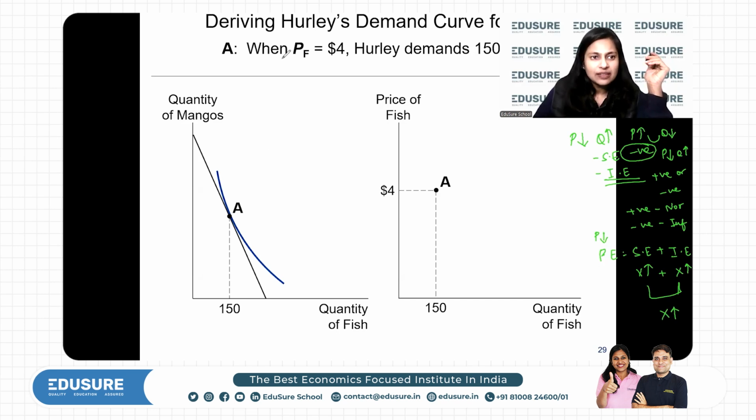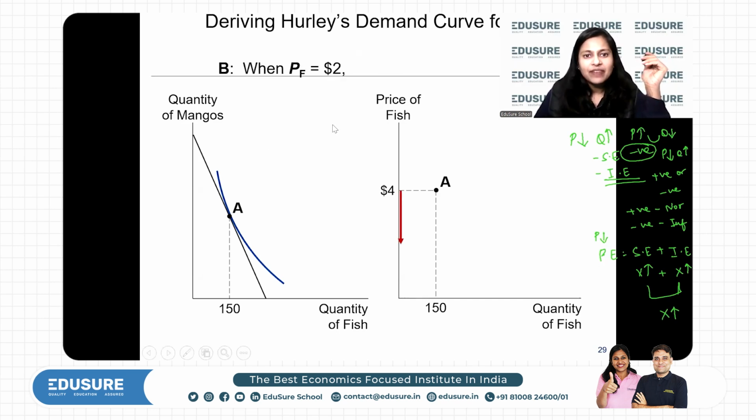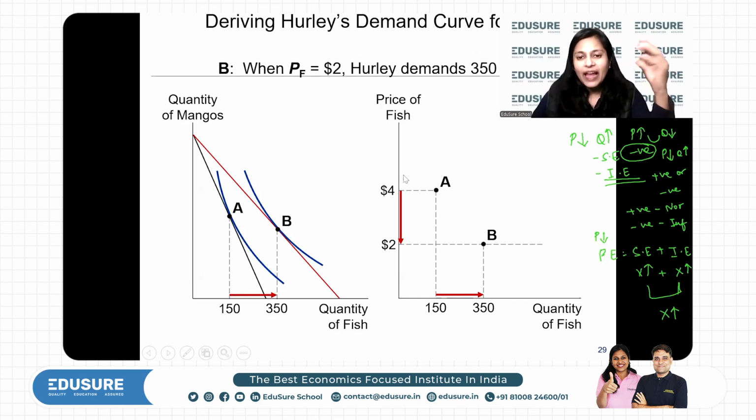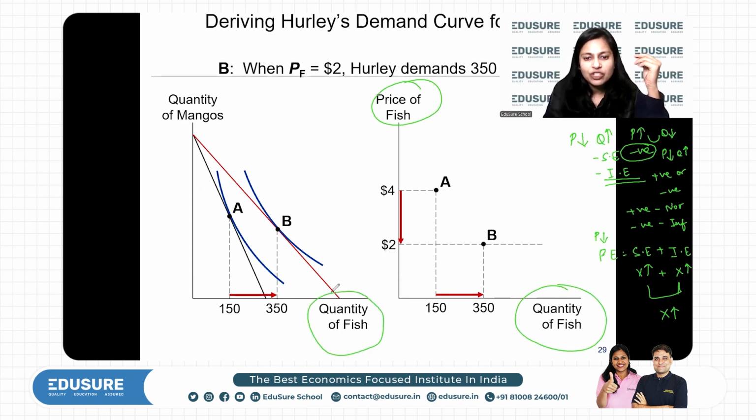That's what we are going to see here. When price was 4, the quantity demanded for fish was 150. When the price falls to 2, we see that the quantity demanded of fish increases to 350. Now, if we take the same information and we plot it in the price and quantity space, in this case, this was quantity of fish on the x-axis and quantity of mangoes on the y-axis.